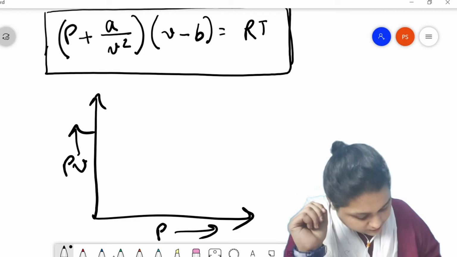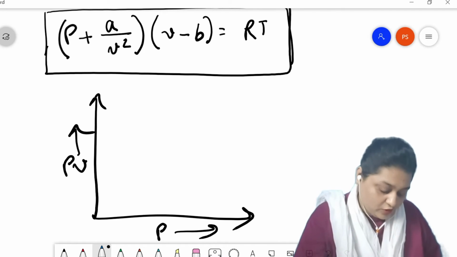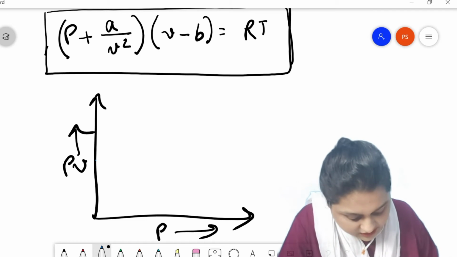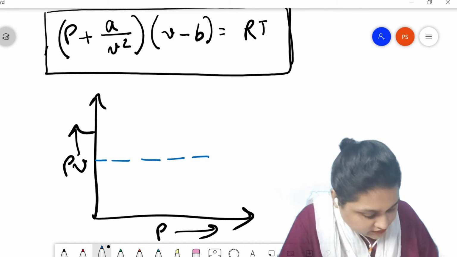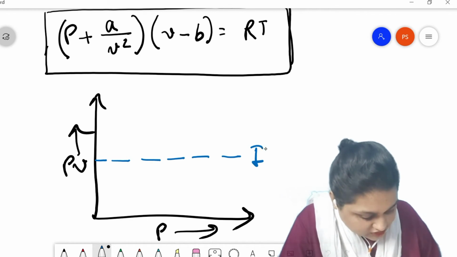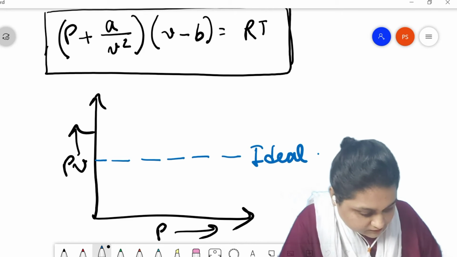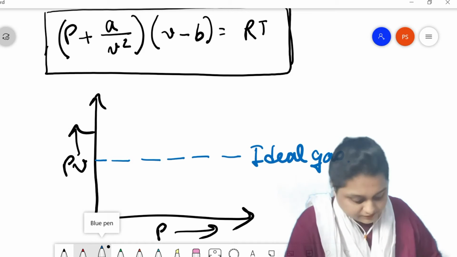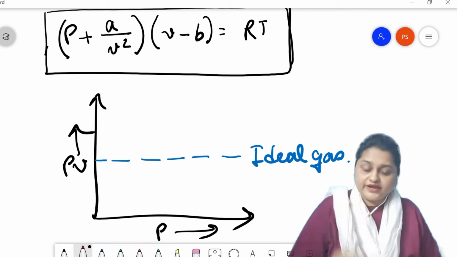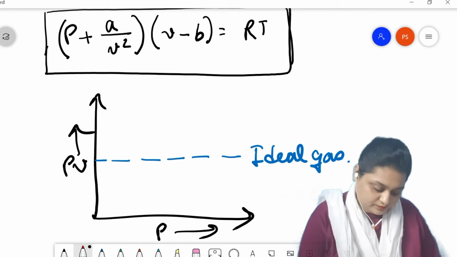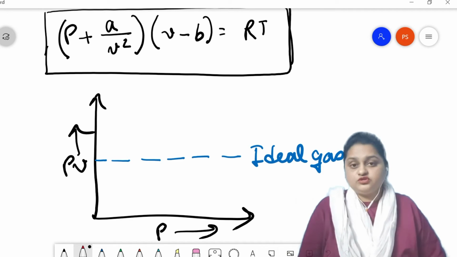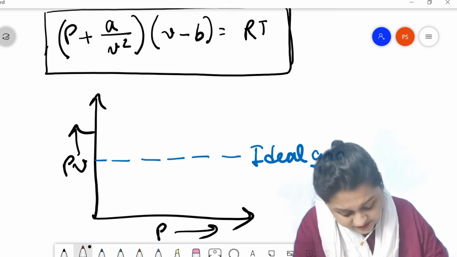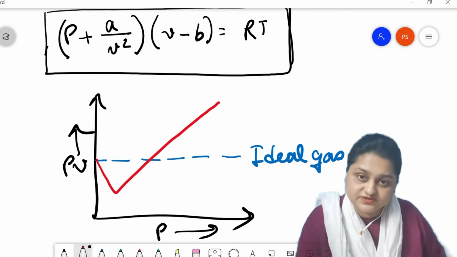In this plot, if ideal behavior is considered, the curve we get is a straight line parallel to the pressure axis. But if we draw the curve for real gases, we get two sets of curves. One set of curves looks like this.